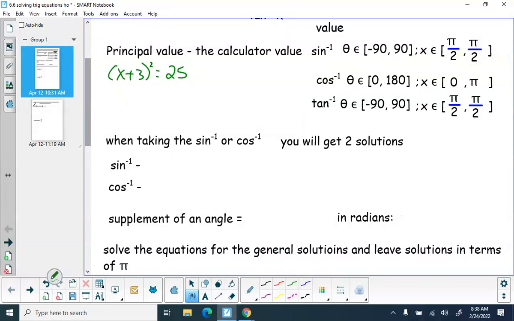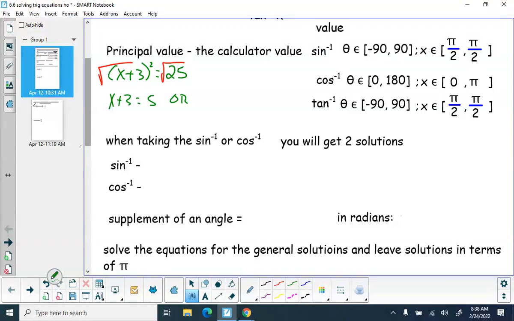I have x plus 3 quantity squared. But what would we have to do to both sides to get rid of the square? Square root. So we could square root here, and square root here. So x plus 3 can equal a value of 5, or x plus 3 could equal what?